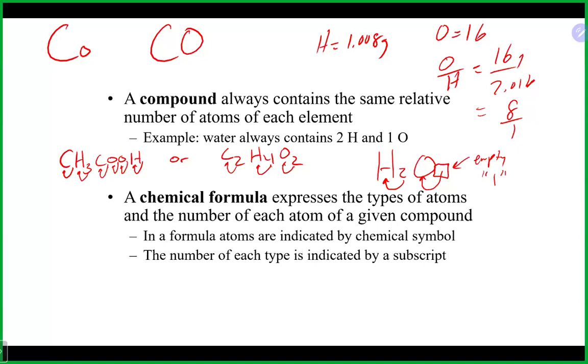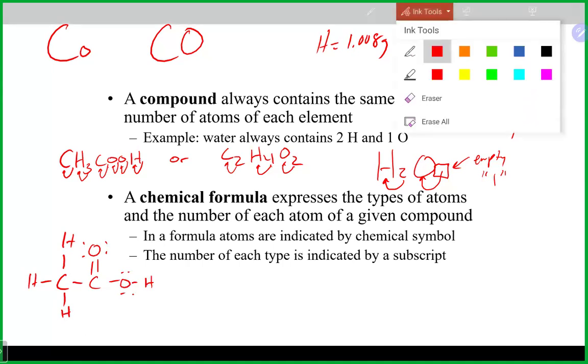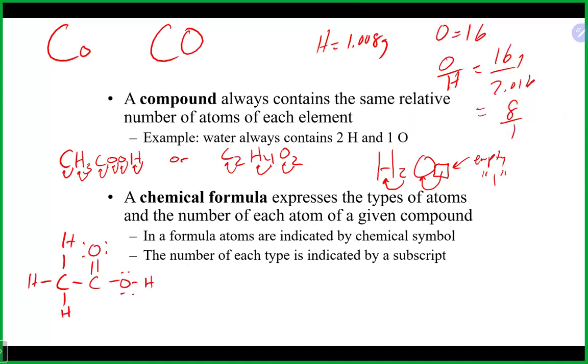So if you were to draw acetic acid, which is what this is, it would look something like this. CH3, C double bond O, OH. And if you just kind of look at the one on the left in terms of the formula, it gives you a lot of information about how it's connected.